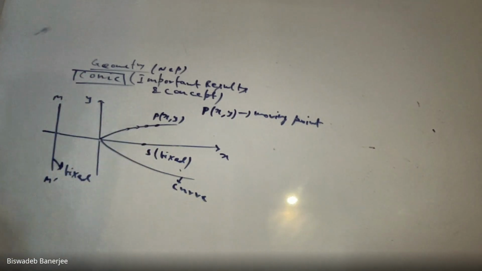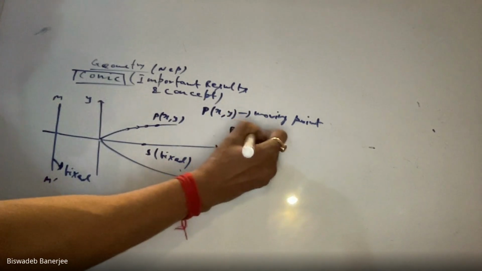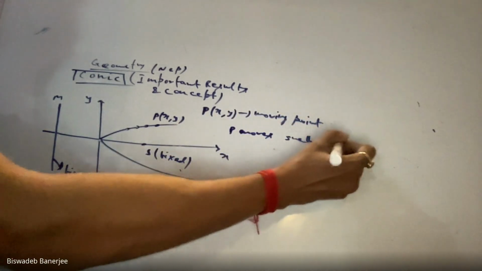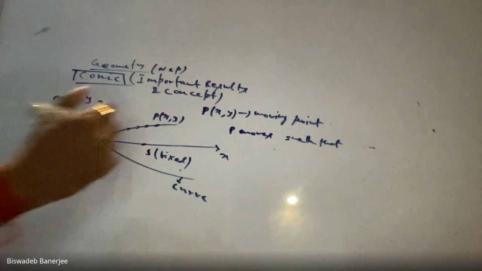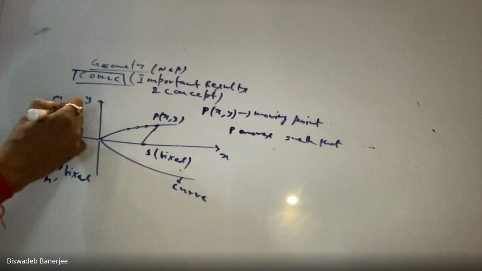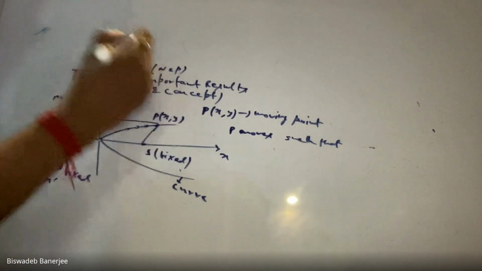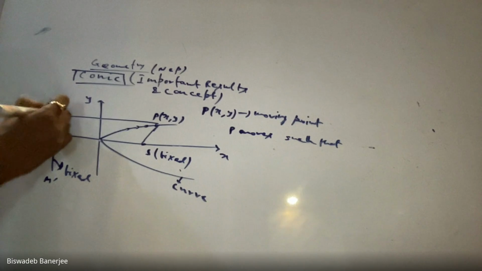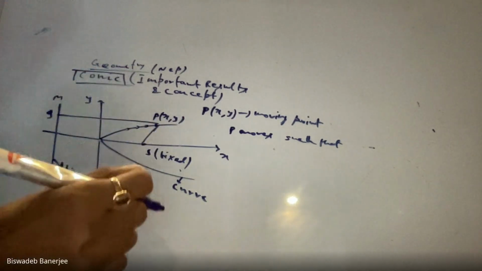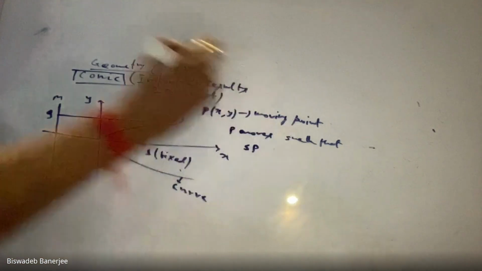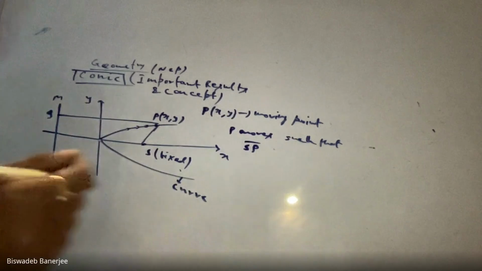Now, the most important concept is, suppose the point P moves such that the distance between S and P, and the distance between the line and the point P, say this point is Q. S is a fixed point.